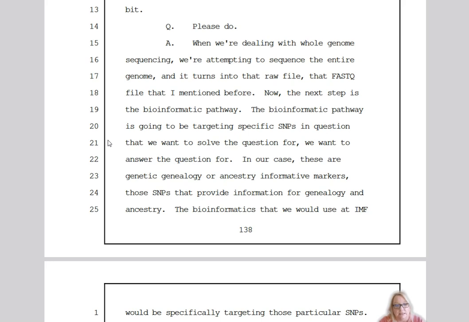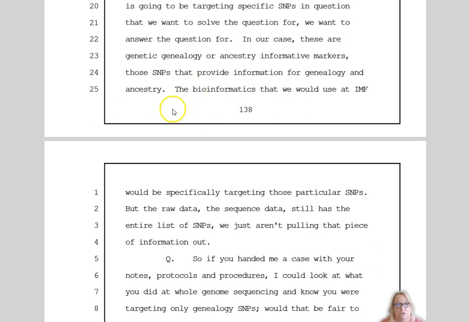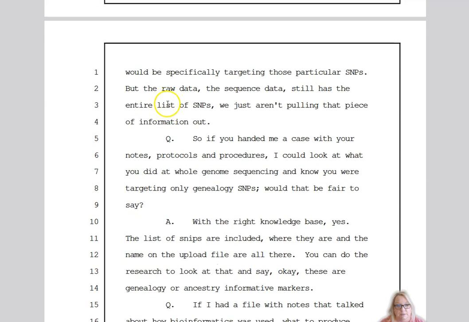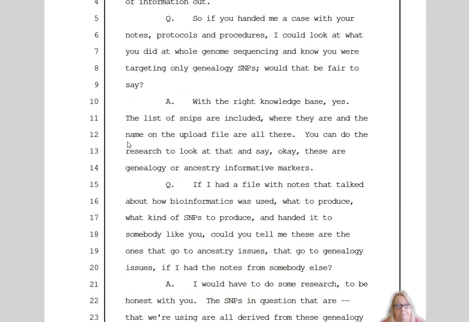In our case, these are genetic genealogy or ancestry informative markers. They would be specific to those SNPs, but the raw data, the sequence data, still has the entire list of SNPs. We're just not pulling that piece of information out.